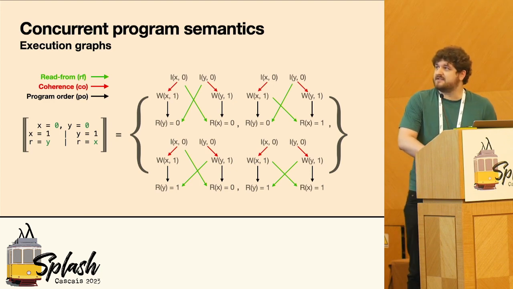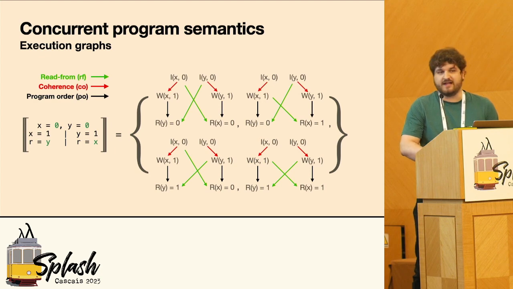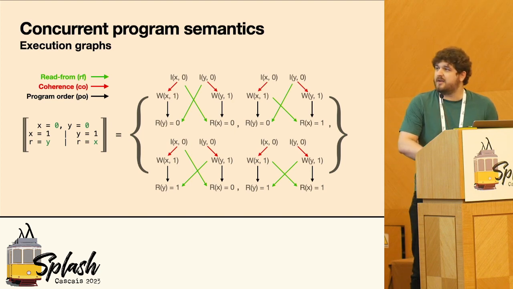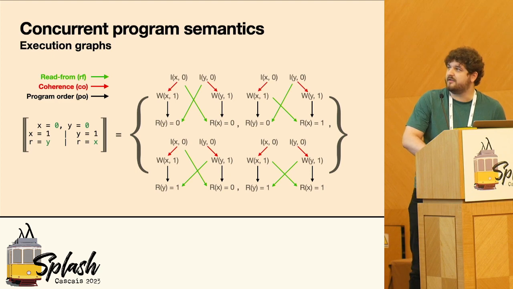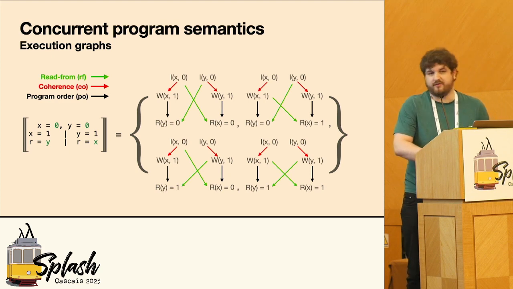These graphs have nodes, which are called events, essentially corresponding to the instructions of the program. Then they have relations that tell you how these events interact with each other, such as how they communicate. For example, we have the program order, the black edges here, which essentially just mimic the syntactic structure of the program. On the first graph, you see the write x1 is program ordered before the read to y, which is essentially the syntactic structure of the program, right?